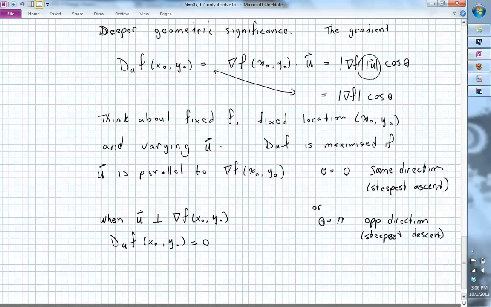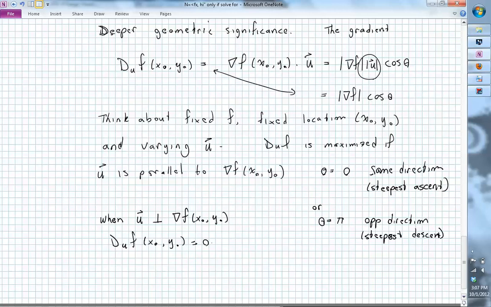If I go 90 degrees, that's like parallel to the xy plane. The directional derivative is 0 in this direction.